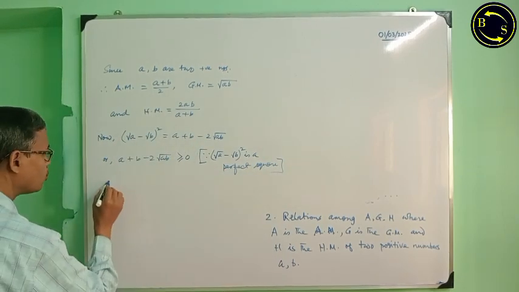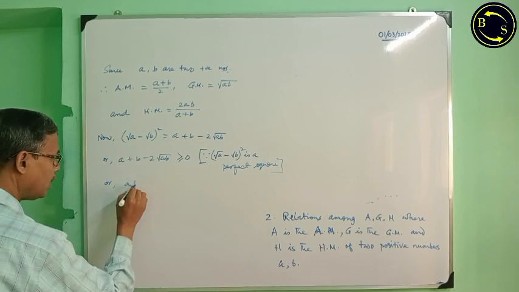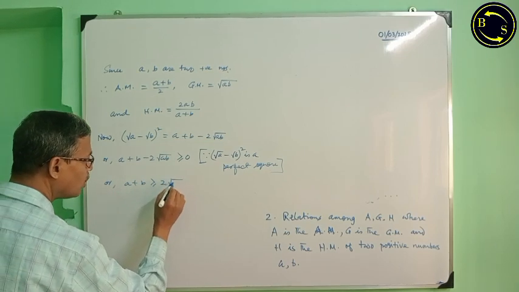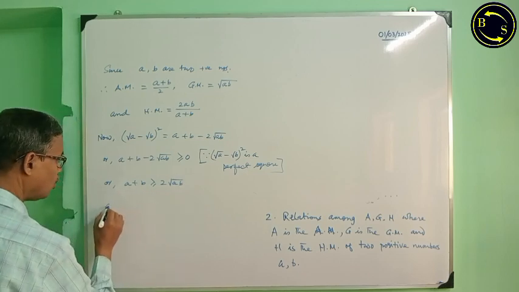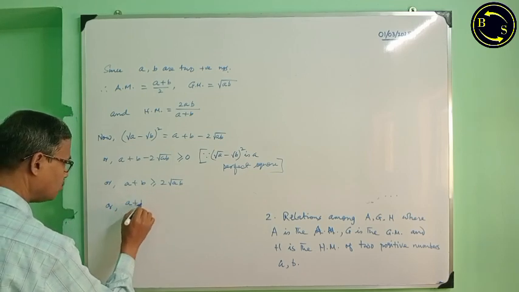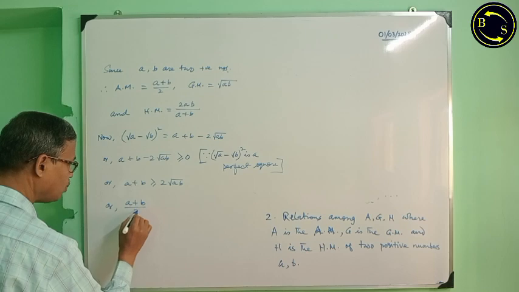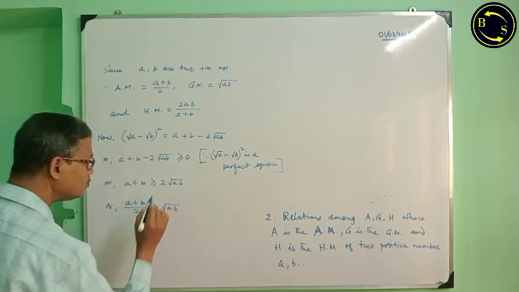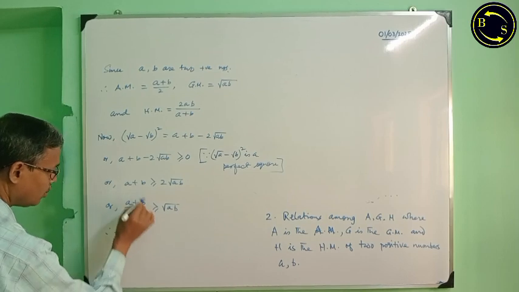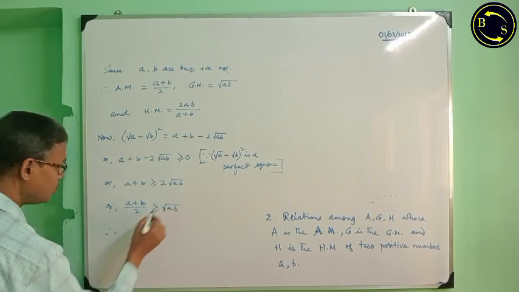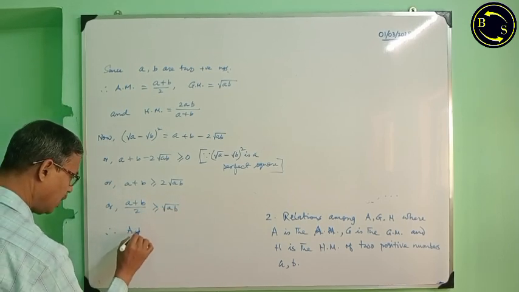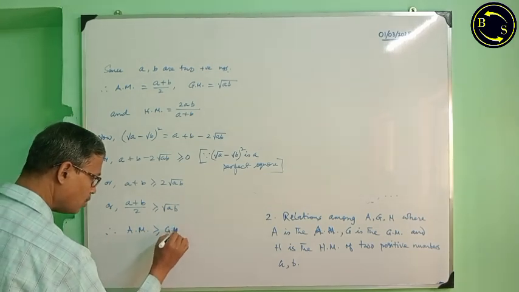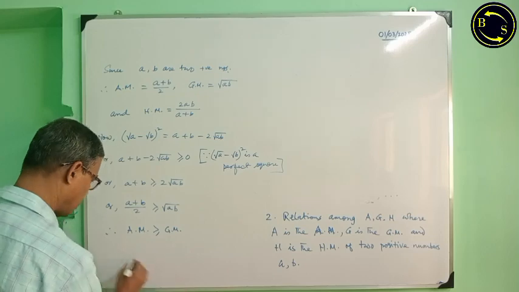Now from this we get A plus B greater than or equal to 2 root over AB, or A plus B by 2 greater than or equal to root over AB, and this is AM, this is GM, therefore AM is greater than or equal to GM.